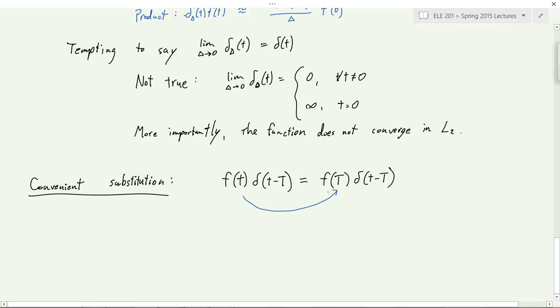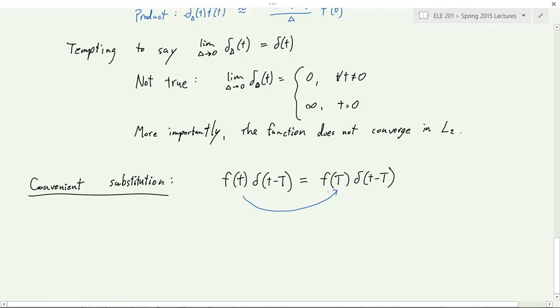Sometimes it simplifies things. Now, to check if any of these rules are actually valid, you just have to say, is this true under the integral? Because we only care about what happens to the delta function under the integral. Often I say we only care what happens under the integral. I think I've said the same thing when I said in continuous time we don't care about moving an isolated point of your signal.